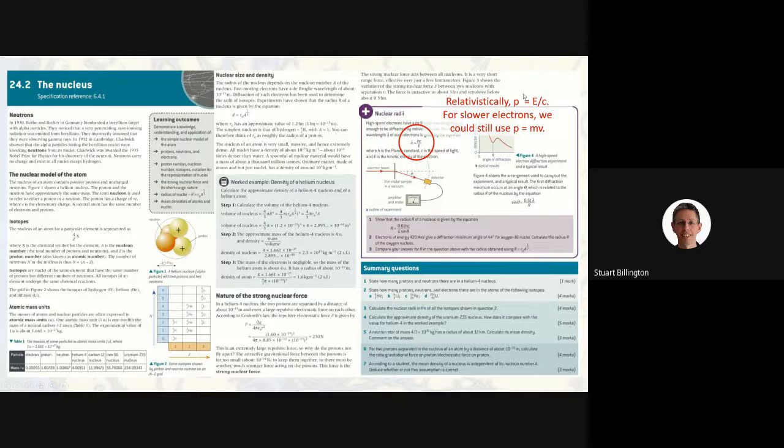This is truthful. The electrons are traveling so fast that you actually have to take into account special relativistic effects, that Einstein enlightened us about. So this is the relativistic expression for momentum. For particles that are traveling quite slowly, we use p equals mv, but the mass behaves badly when the v gets very large.